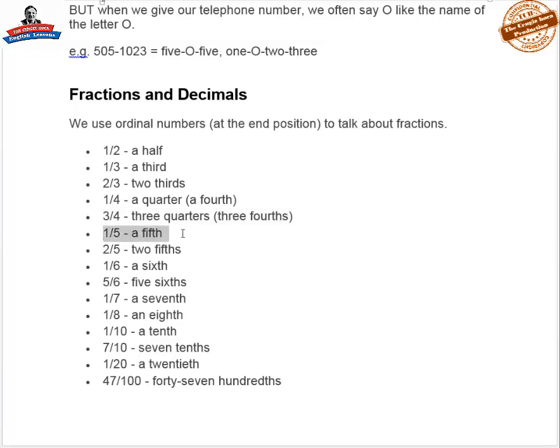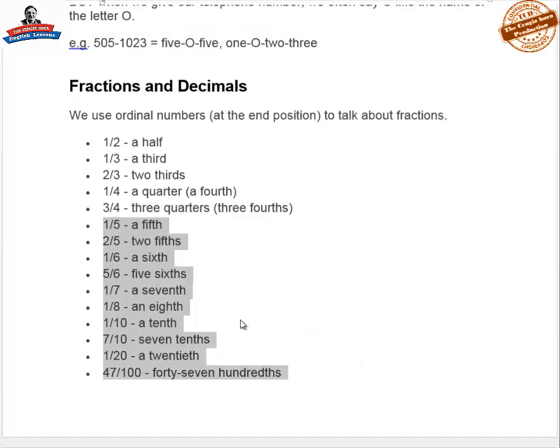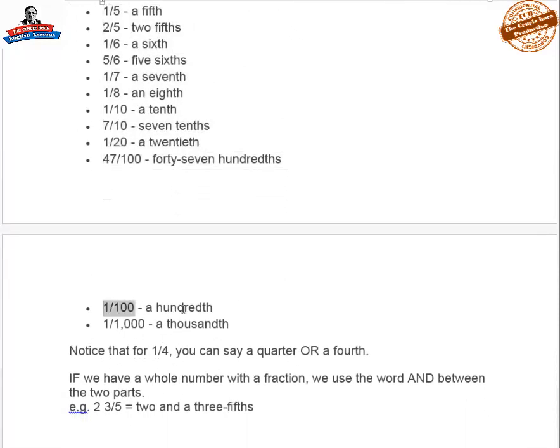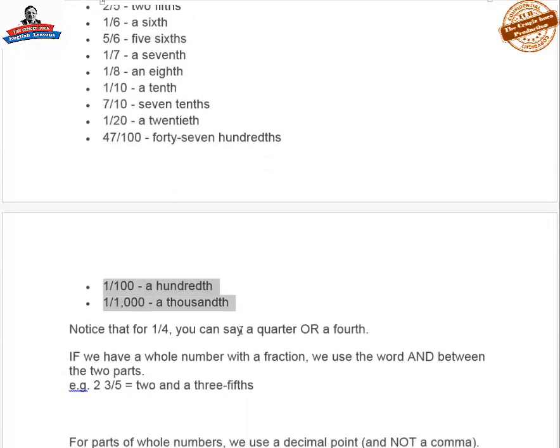A fifth, two fifths, a sixth, five sixths, a seventh, an eighth, a tenth, seven tenths, a 17th, 47 100ths, a 100th or a 1000th.